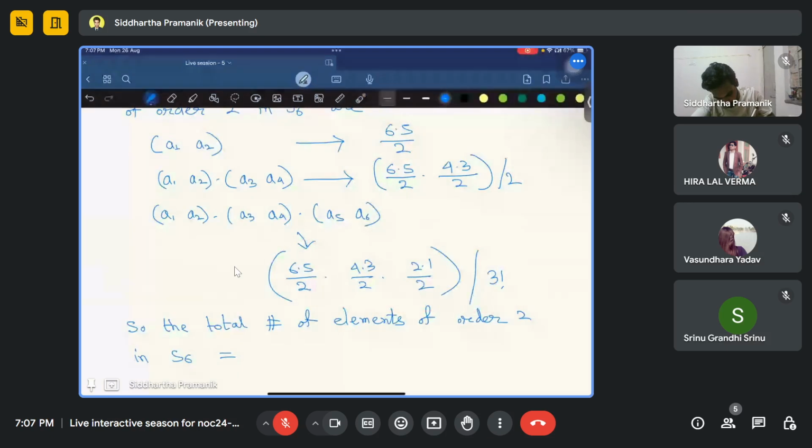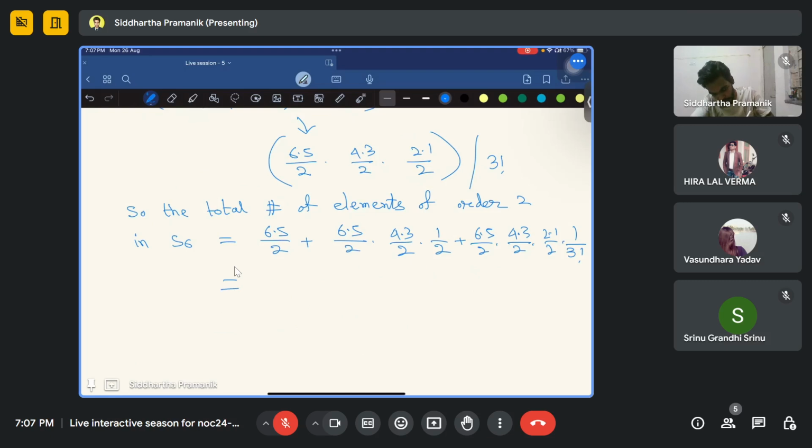So 6 times 5 by 2, plus 6 times 5 by 2 times 4 times 3 by 2 times 1 by 2, plus 6 times 5 by 2 times 4 times 3 by 2 times 2 times 1 by 2 divided by 3 factorial.